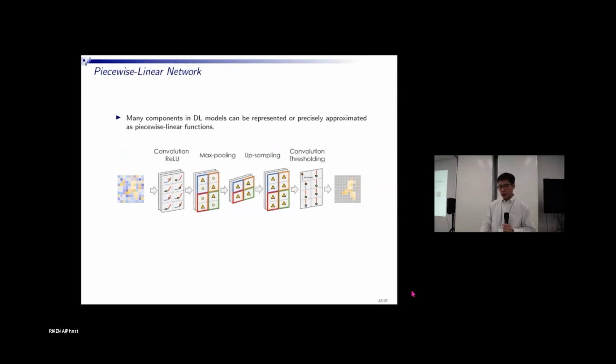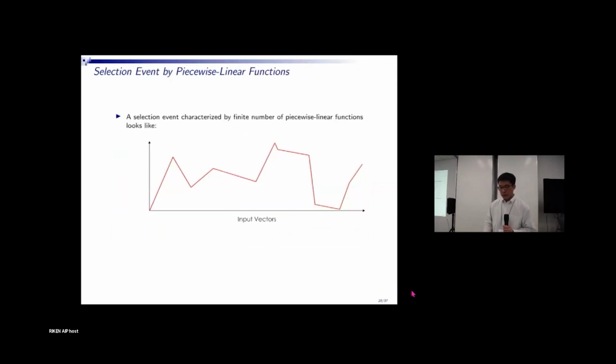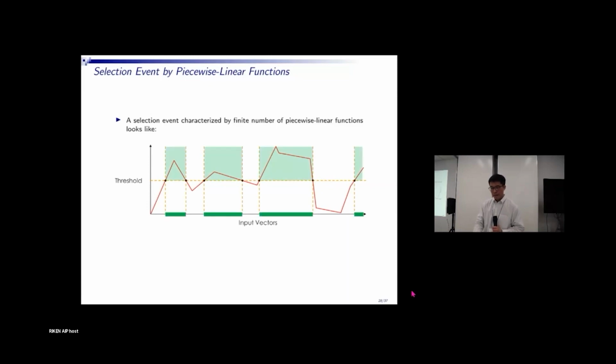piecewise linear operations. So that means that, for example, this horizontal axis indicates an input image X, and the vertical axis indicates the Grad-CAM value. These are represented by this kind of piecewise linear function. In this case, which pixels are selected can be obtained by checking a finite number of intervals.